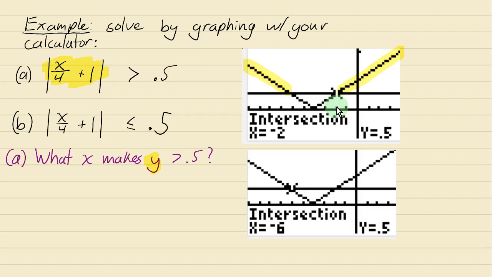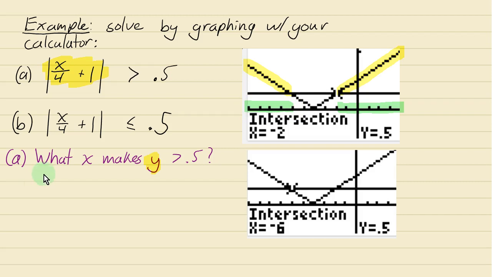So that's going to be, here we have -2, and over here it's -6, this intersection point. We could write it in interval notation.